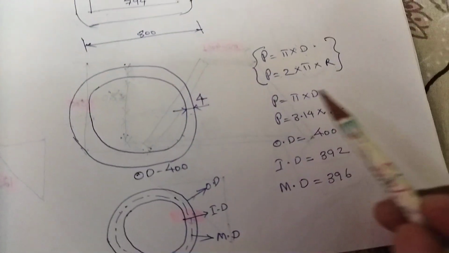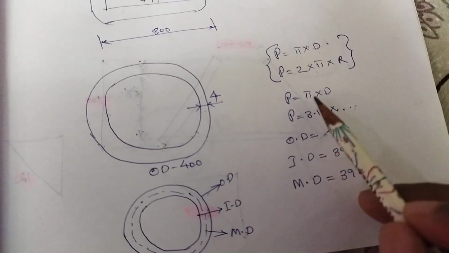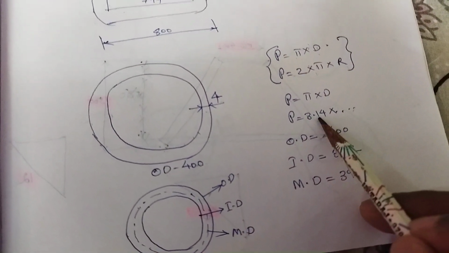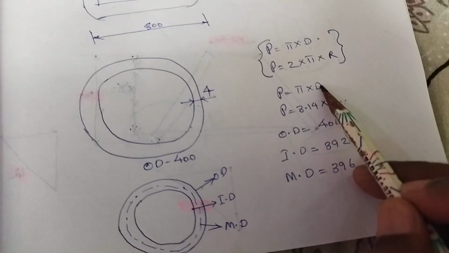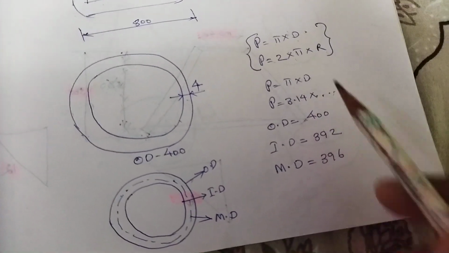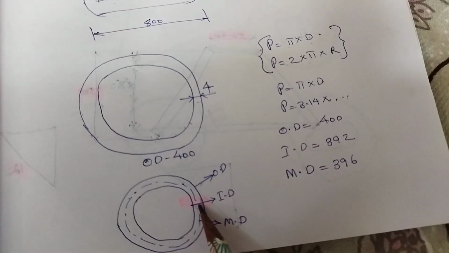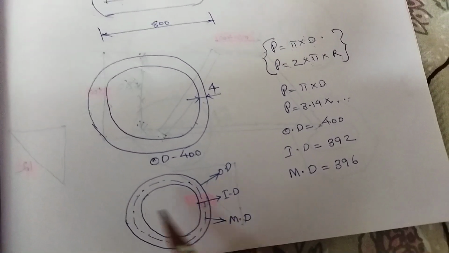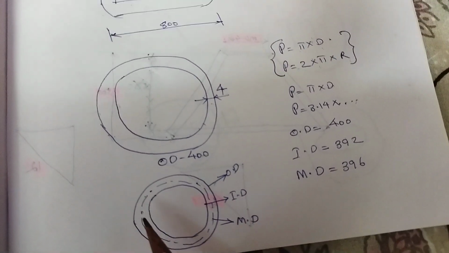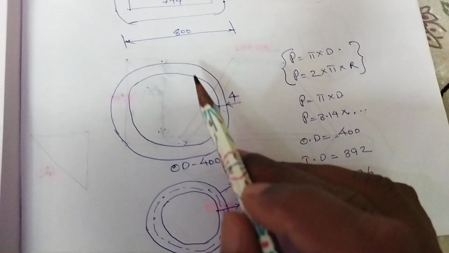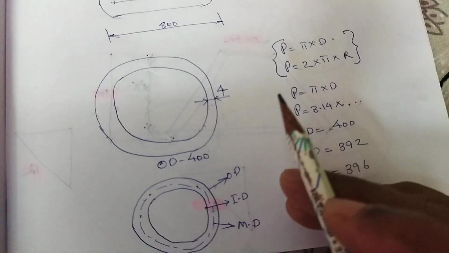So in this equation, P is equal to pi D, pi we have written as 3.14. For D, what should we write? The measurement from this dotted line to this dotted line. How much will it be for this shell of OD 400?